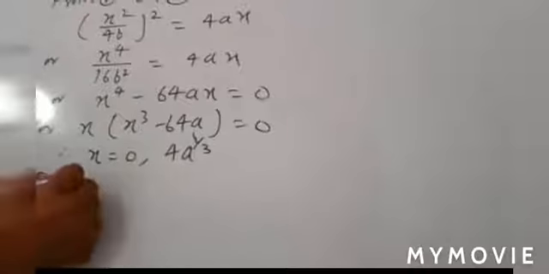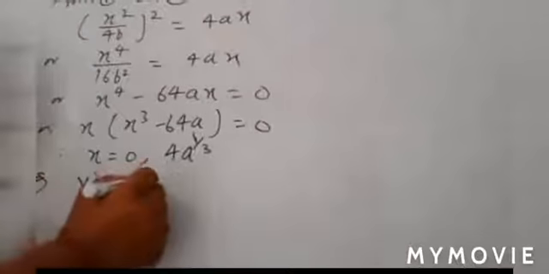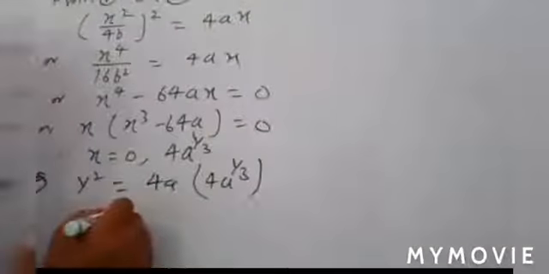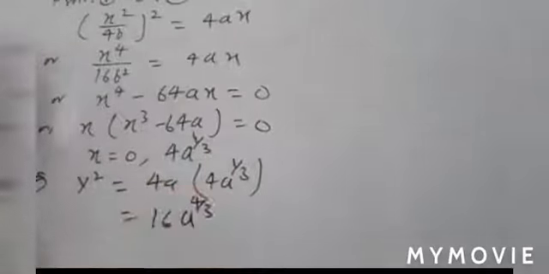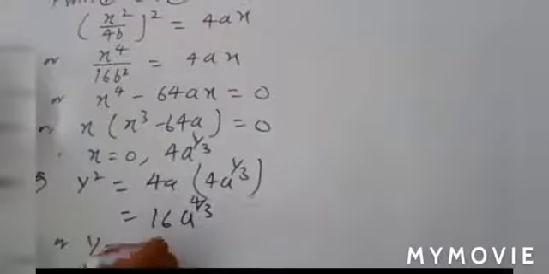So from 1, y square is equal to 4a into the value of x, 4a to the power 1 by 3. That is 16 into a to the power 1 plus 1 by 3, which is 4 by 3. Check it. And the value of y is equal to 4a to the power 2 by 3.